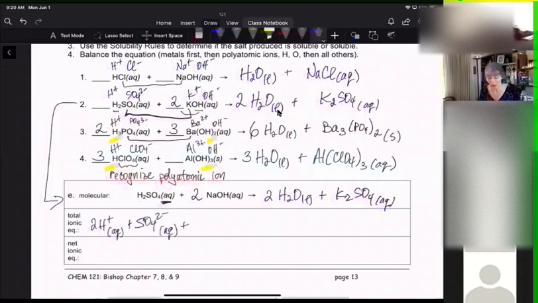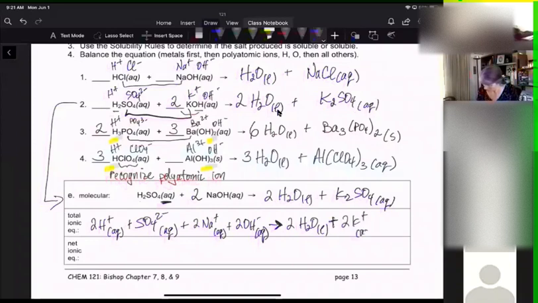Then for the next one, 2 sodiums and 2 hydroxides. Now we form that new water molecule. That is a neutral molecule, so that's going to stay together in our net ionic equation. And then we break this one apart because it's aqueous: 2 K plus, and a sulfate, SO4.